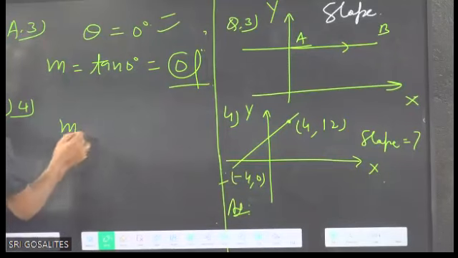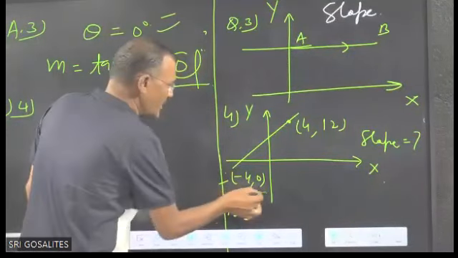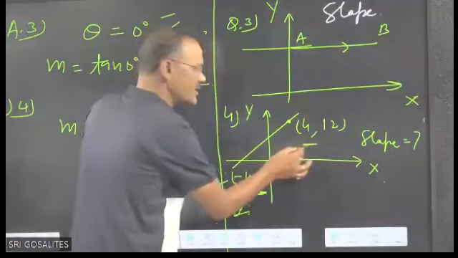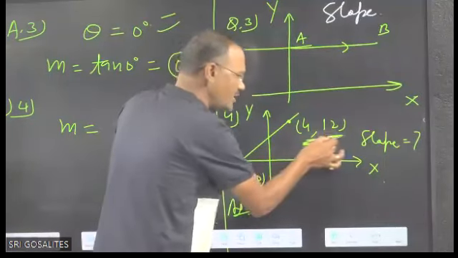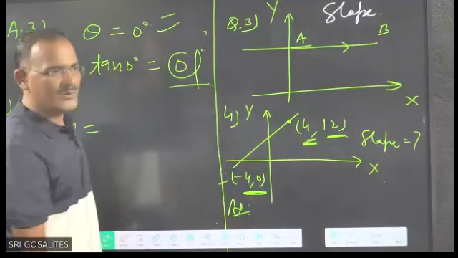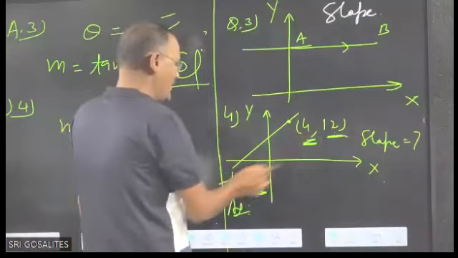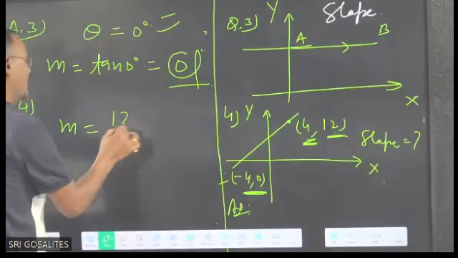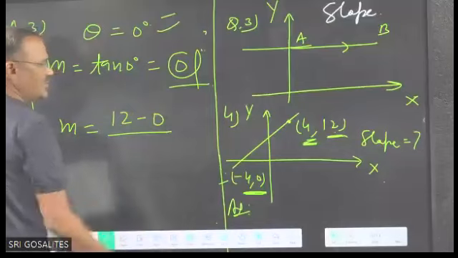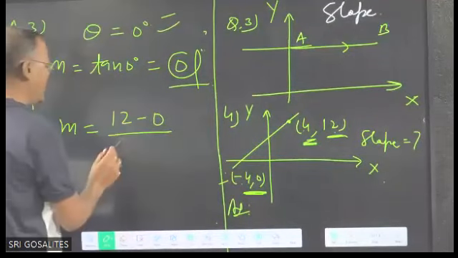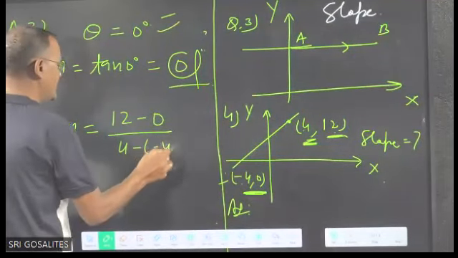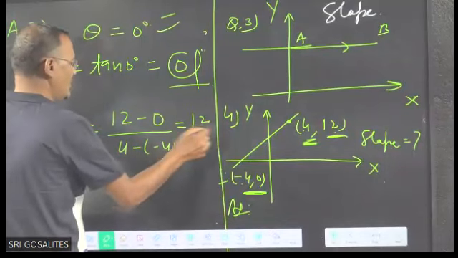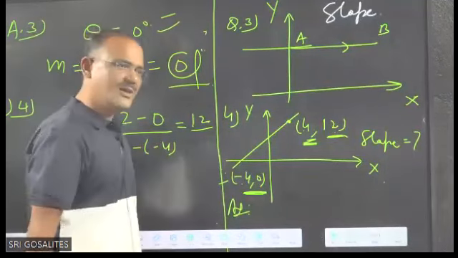So slope is X1, Y1, X2, Y2. What is the formula? Y2 minus Y1, 12 minus 0, over X2 minus X1.